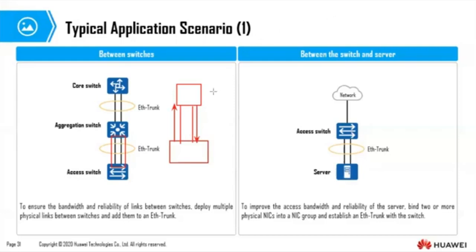But if you bundle this up into a single logical link, then you don't need to configure STP, because it will be treated as a single interface. If you bundle them together, you can think of them as a single interface.